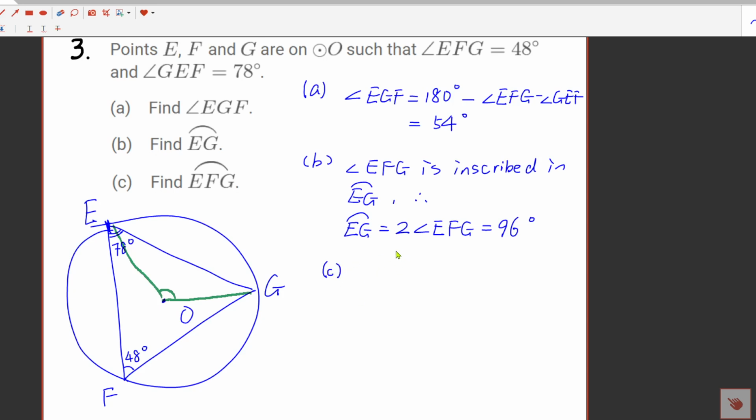Okay, then question C. So it can be easily seen that angle EFG must be less than 90 degrees, right? We know that F is on major arc of EG.